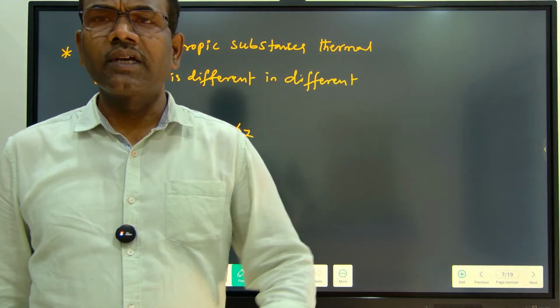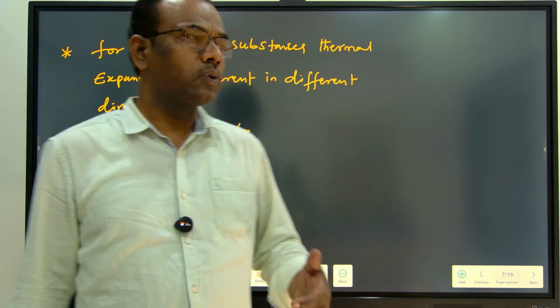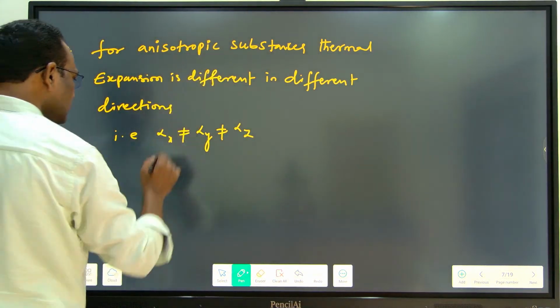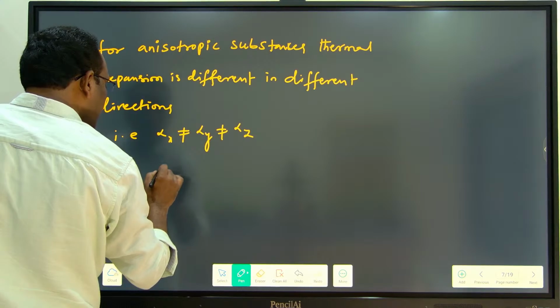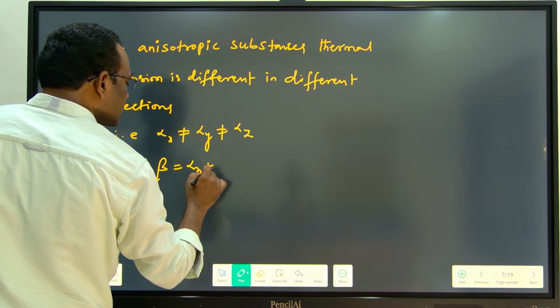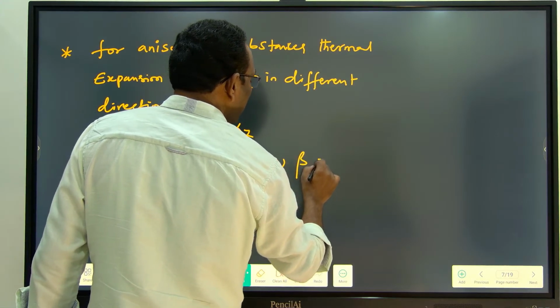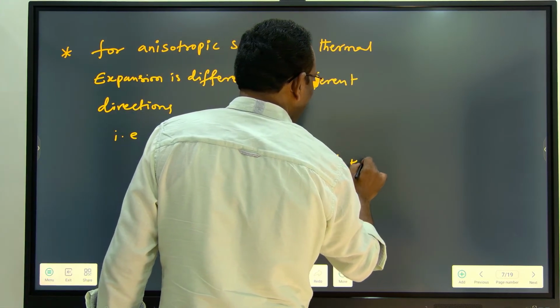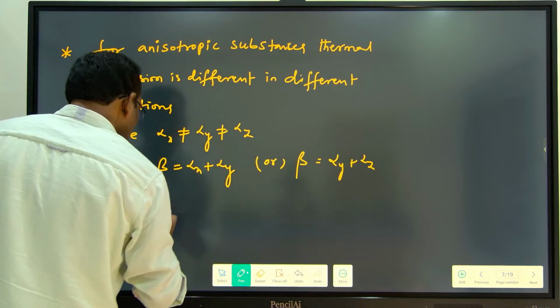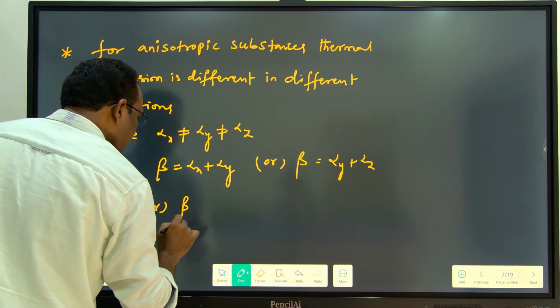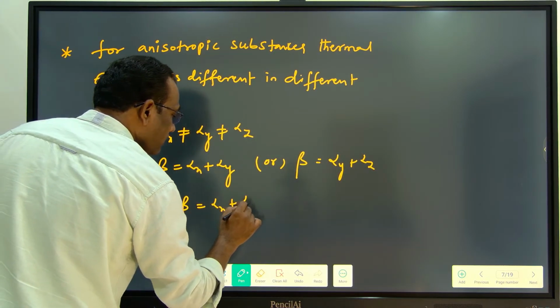Like we are taking x axis, y axis, and z axis. Here we use beta equal to alpha x plus alpha y, or beta equal to alpha y plus alpha z, or beta equal to alpha x plus alpha z, whatever.